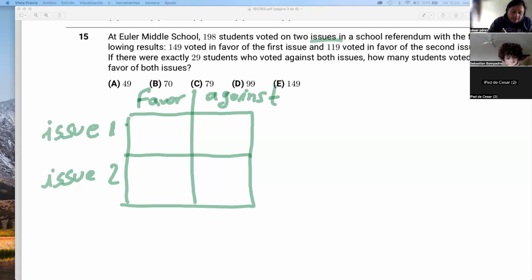So, in the first issue, 149 voted, and 119 voted in favor of the second issue.